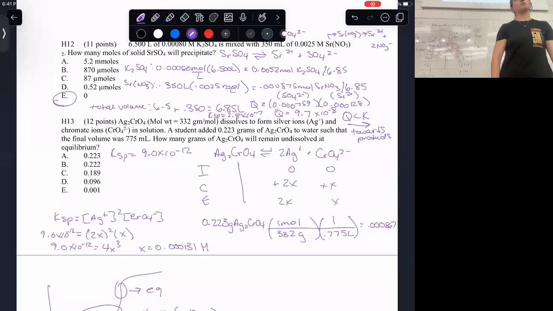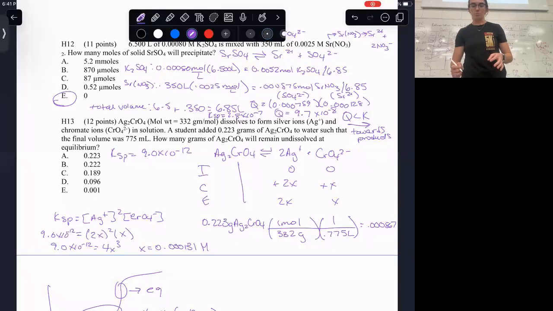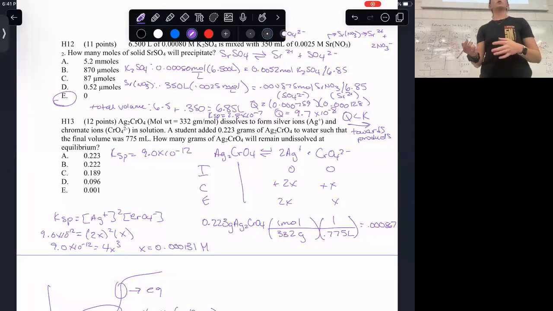Either way, you have to subtract your concentrations and then convert back to grams. Yep, we're gonna do that next. So this is how much we're starting with. We're gonna subtract out what we just found as our solubility, because some of that, right, will dissolve.